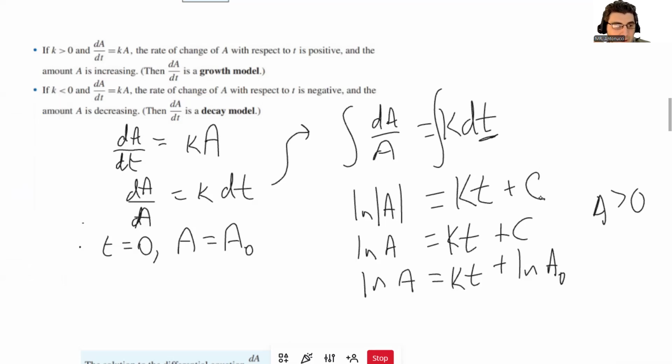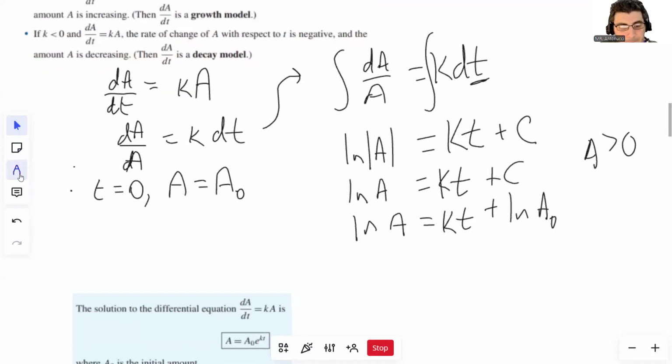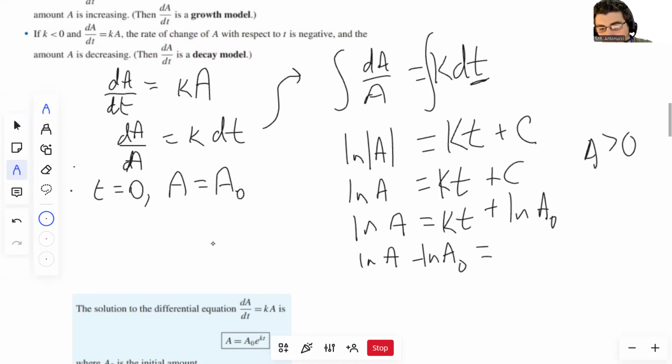All right. So then we would have natural log of A minus natural log of A naught equals kt, and then natural log of A over A naught, by the quotient property of logs, is kt.